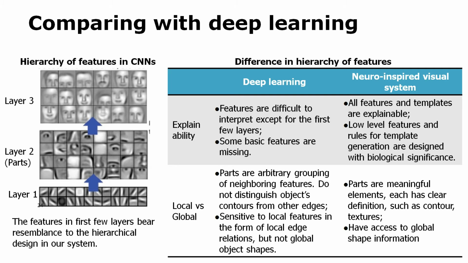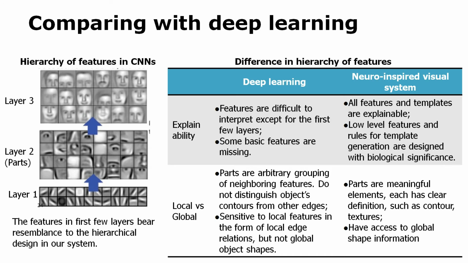First, in deep learning, features are normally difficult to interpret, especially in deep networks, and some basic features are missing. While in our system, all features and templates are explainable. Basic features and the rules for generating templates are designed with biological meanings.